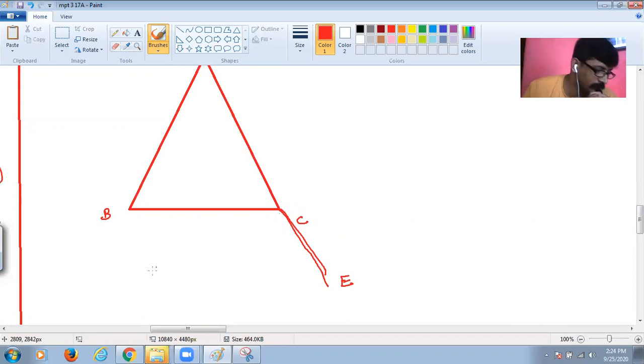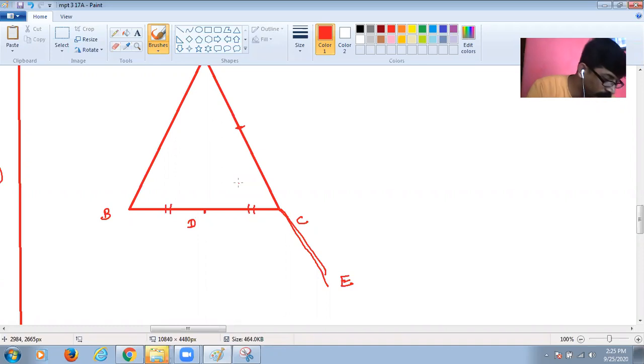And then further, it's given that D is a midpoint of BC. Let's say यहाँ पर एक point है. And ED produced meets AB.